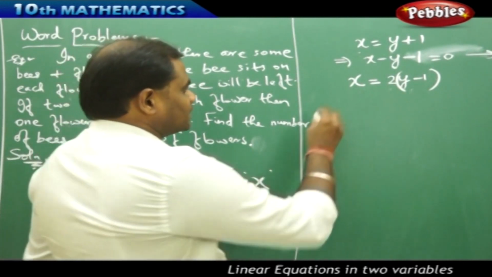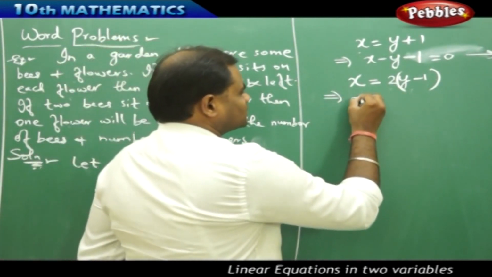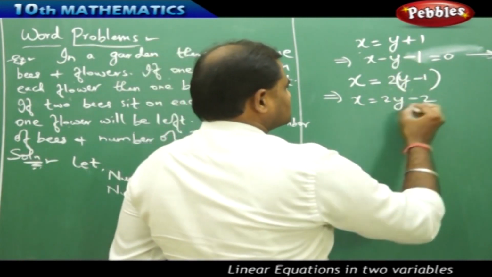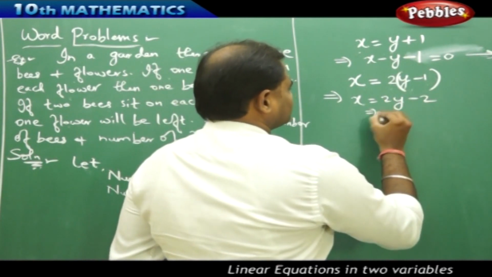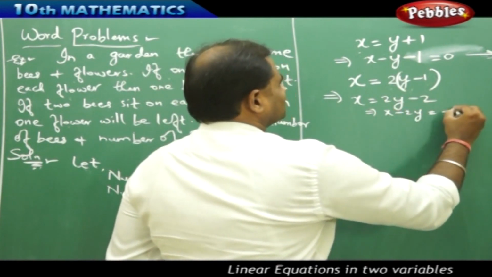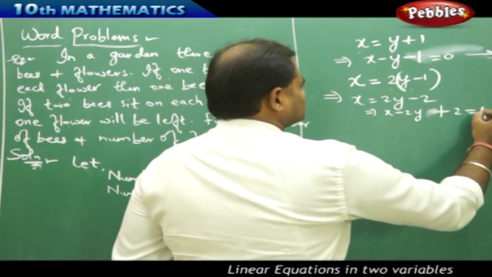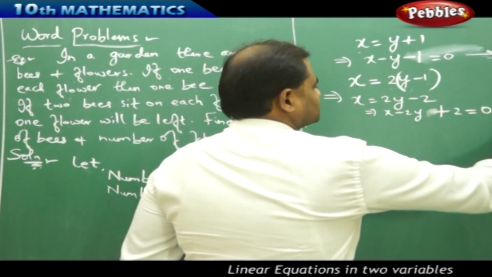And then finally I get 2y minus 2, which on further simplification gives me x minus 2y plus 2 equals 0, which is equation 2.